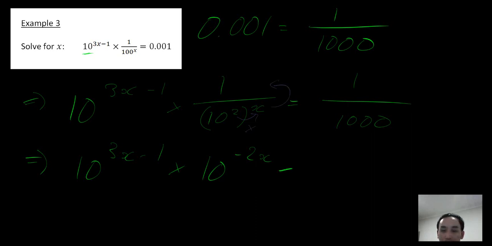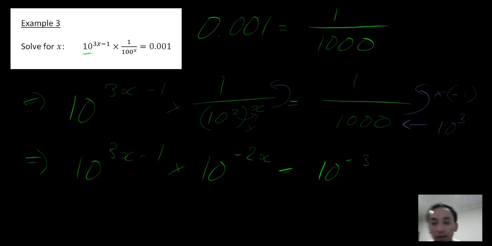Okay, and this 1 on 1,000 is really just 10 to the power of negative 3, since we know that 1,000 is 10 to the power of 3, and if it's positive on the bottom, that means when you flip it to the top, it's going to be its negative version.